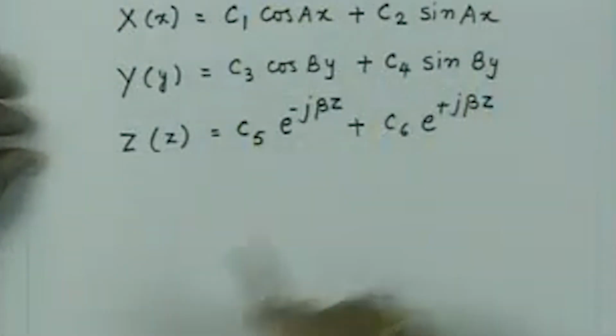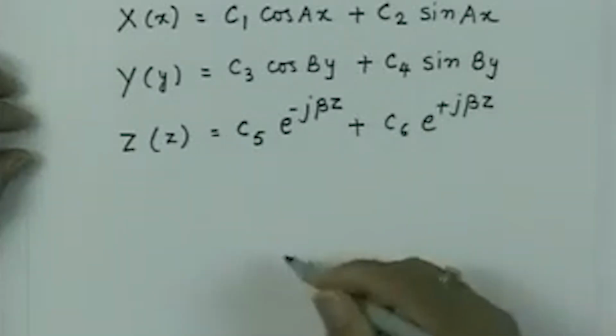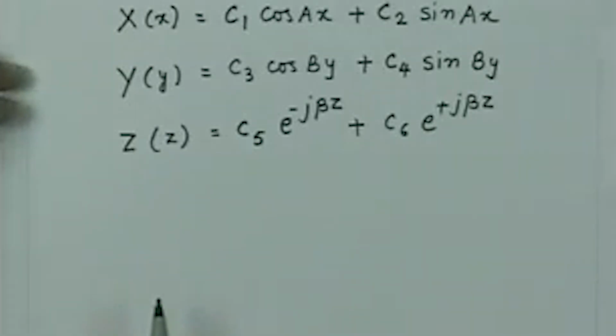Now, in general, when we have this wave equation solution, of course, there are two waves which are travelling on the structure, one in positive z direction, one in negative z direction. However, if I assume that this waveguide is of infinite extent in z direction, then there is no reflected wave on this, because we have seen from transmission line that if I take an infinitely long transmission line, there is no reflected wave on this.